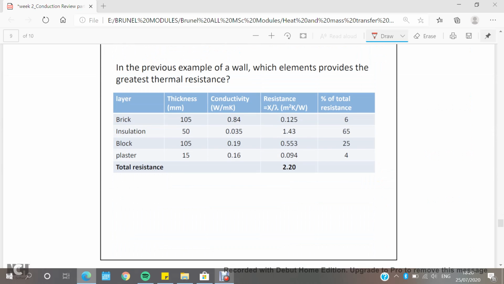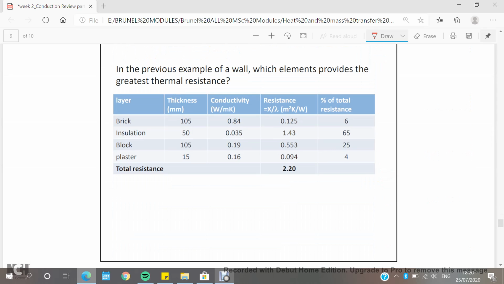For instance, here, if I have different materials with different thicknesses and different thermal conductivities, as I mentioned before, I can divide each thickness by the thermal conductivity to get the resistance of each material, and if I sum all of these values, I get the total resistance.